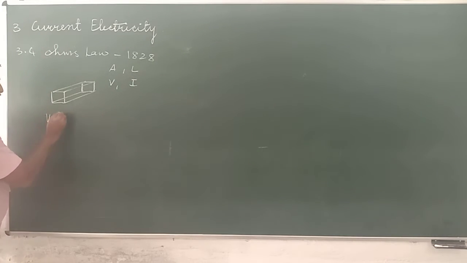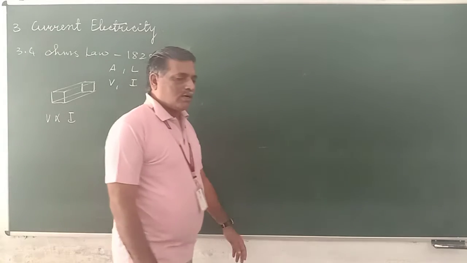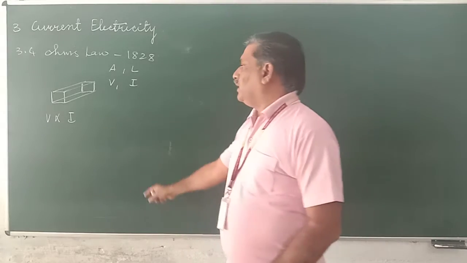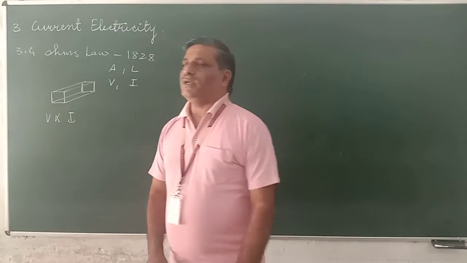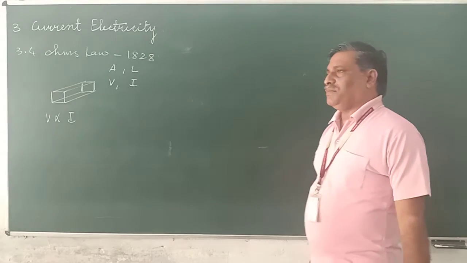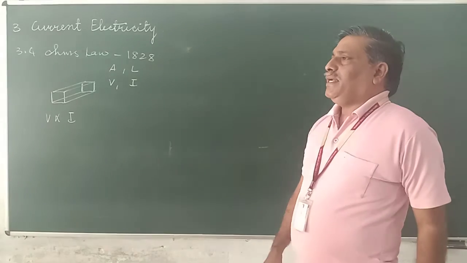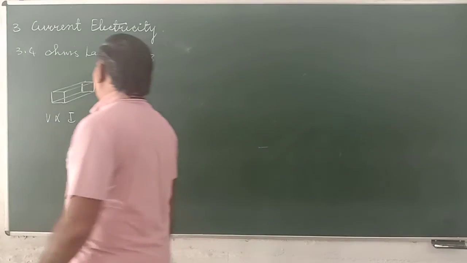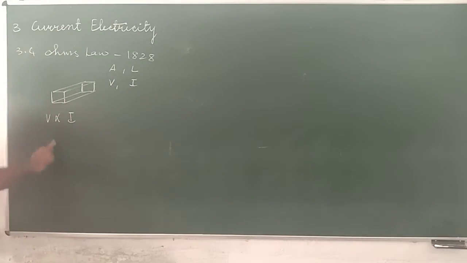Then Ohm stated that the current passing through a conductor is directly proportional to the potential difference across the ends of the conductor. V is directly proportional to I, or I is directly proportional to V. Therefore, V is equal to IR.